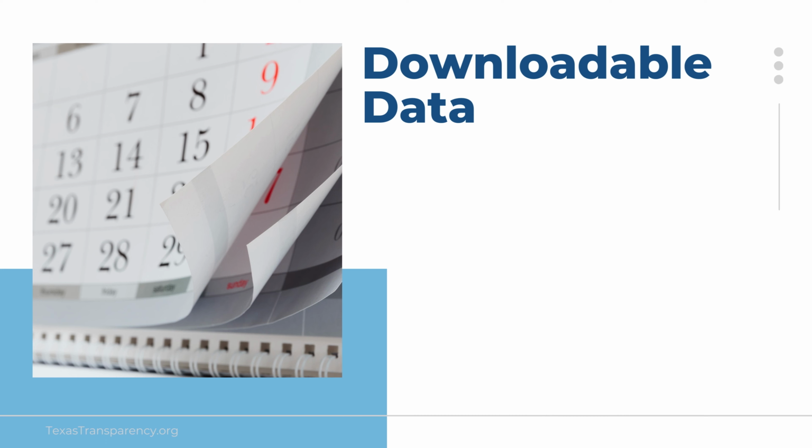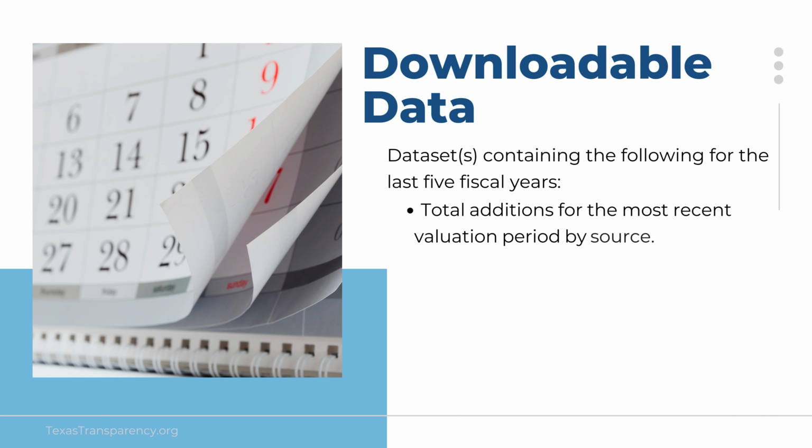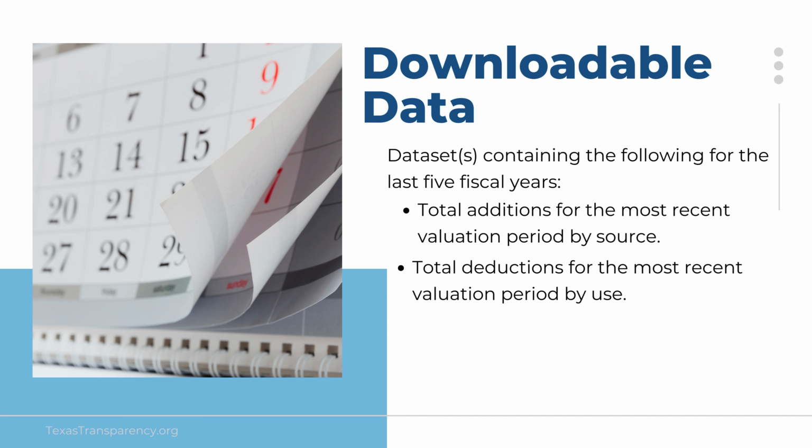The 4th criteria of the public pensions application is to include 1 or more data sets containing the following for the last 5 fiscal years: total additions for the most recent valuation period by source, such as investment income, other income, employer, employee, and other contributions, and total deductions for the most recent valuation period by use such as benefit payments, withdrawals, administrative expenses, and investment-related expenses.